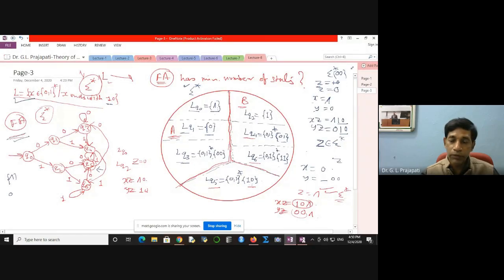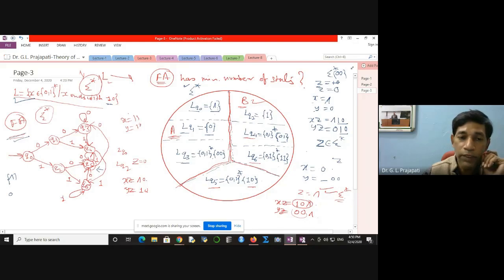And also you can distinguish the strings from the set LQ5 and the strings from the equivalence class B. Like you can take x as 11 from LQ6, and you can take y from LQ5 as 10.